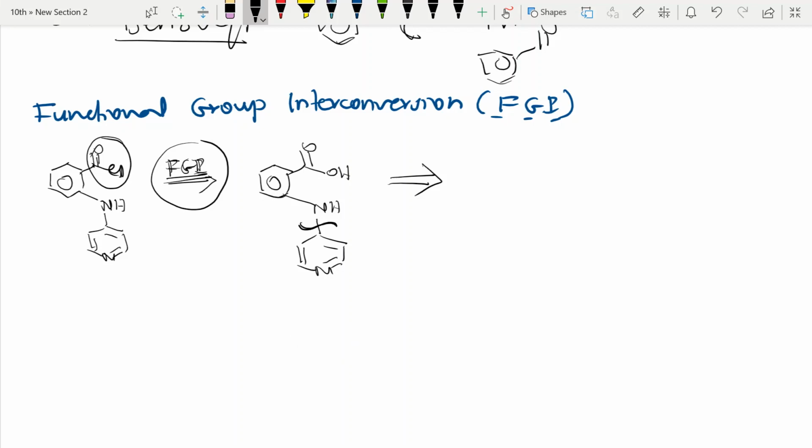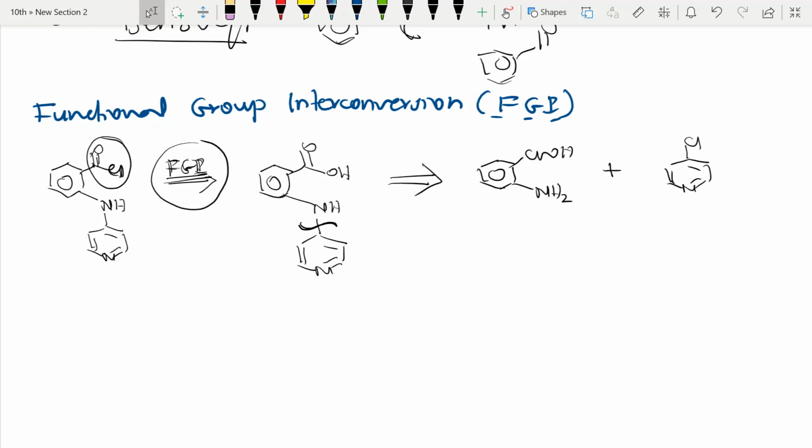So what happens, see here, I am going to get this reagent, COOH acid, here NH2, right, and here one more reagent will be this one, and instead of writing plus, can I directly write the reagent, that is Cl, chlorine, right. So if I do the reaction with these two, I will get the product, right.